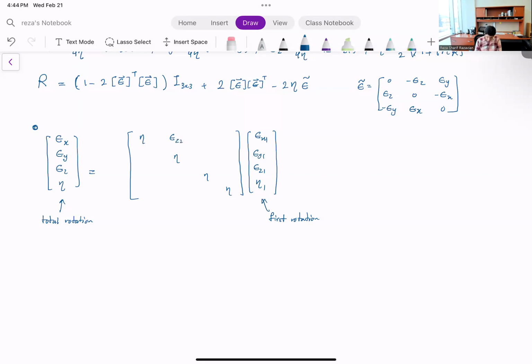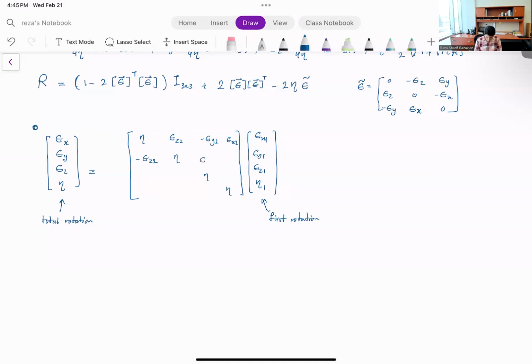Epsilon z2, minus epsilon y2, epsilon x2, minus epsilon z2. This is almost a skew-symmetric matrix, but instead of the diagonals being 0, the diagonals are etas.